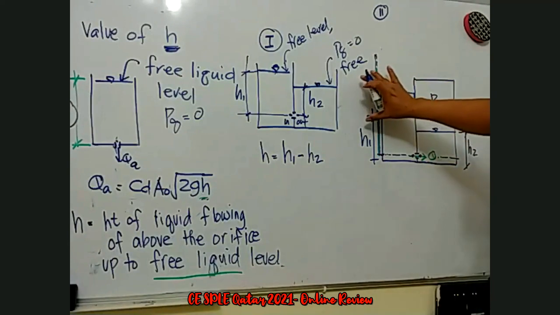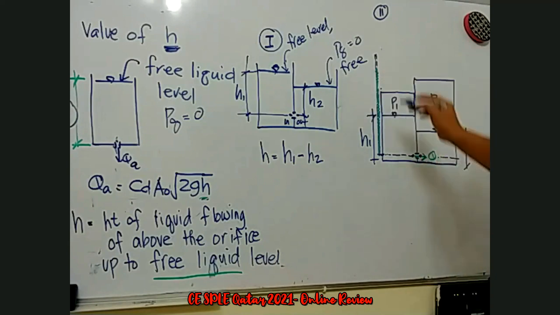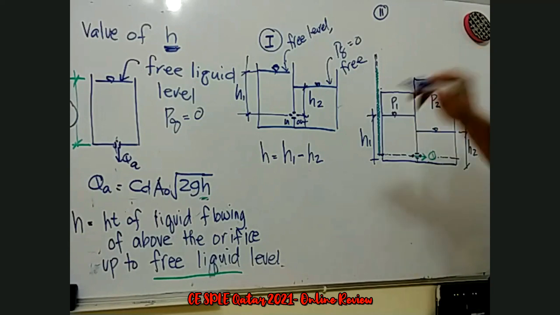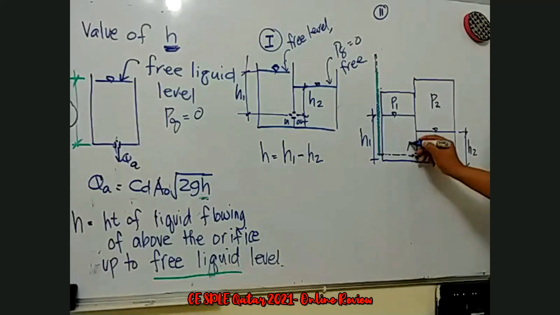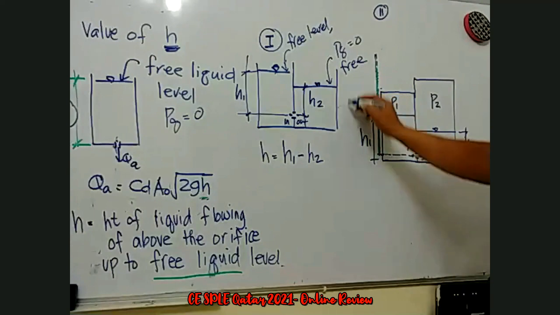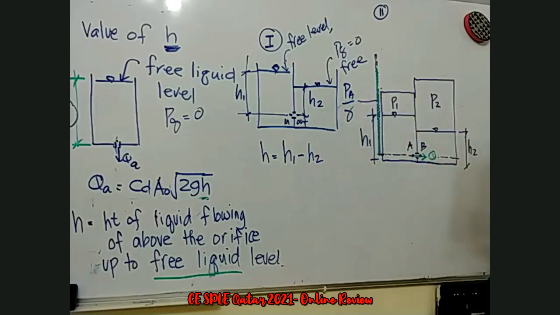Meron tayong level dito. And that level, sabihin natin Y1. Let's say ito is A and ito is B. So, etong level na ito this is PA over gamma. Tama? Sa kabila, ganun din.